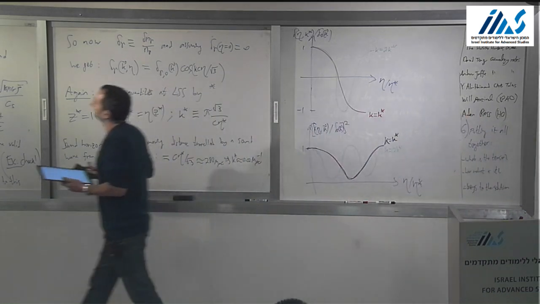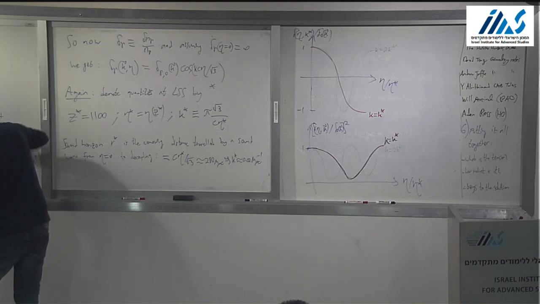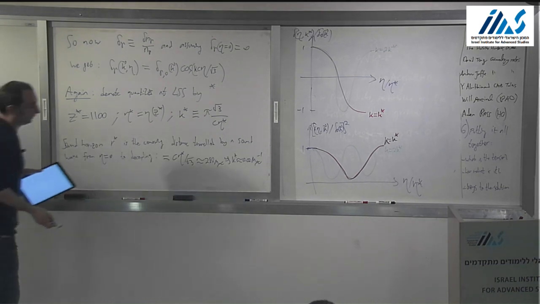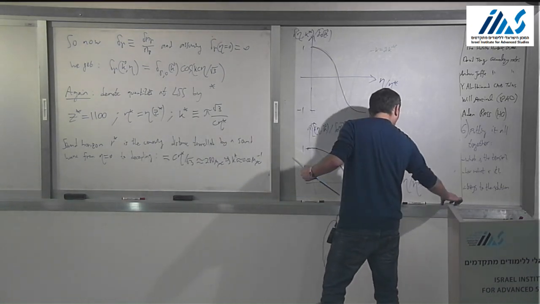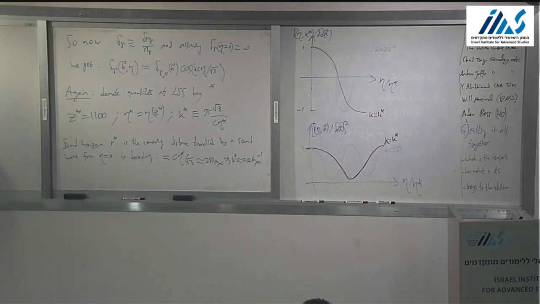If you're following me, then now instead of plotting delta of k and eta as a function of eta, I can plot only where I'm interested, which is at the time of last scattering.